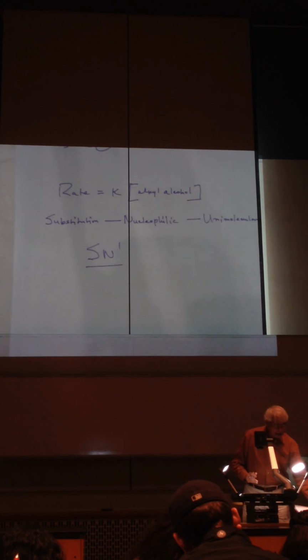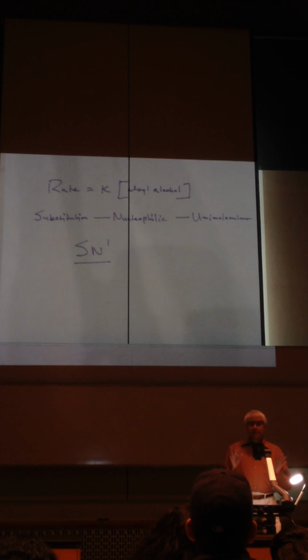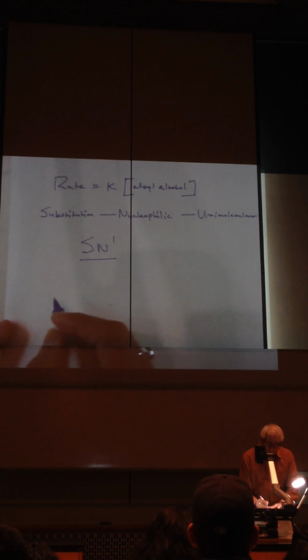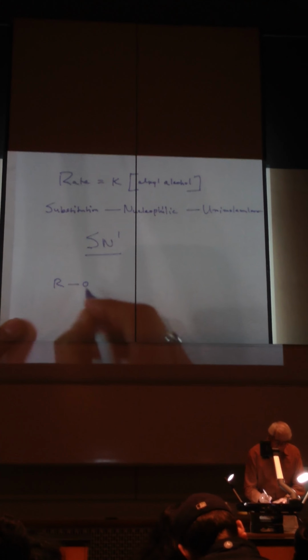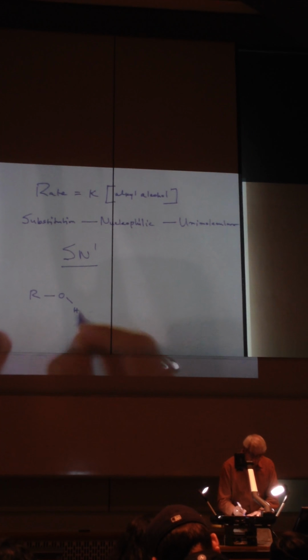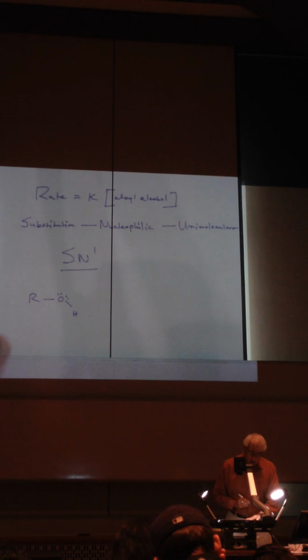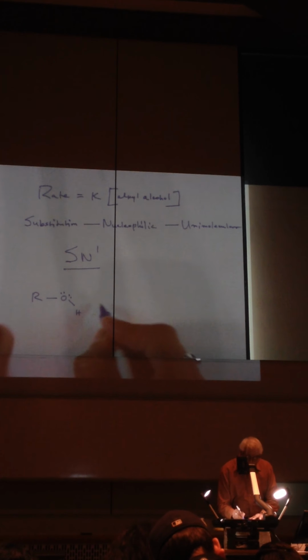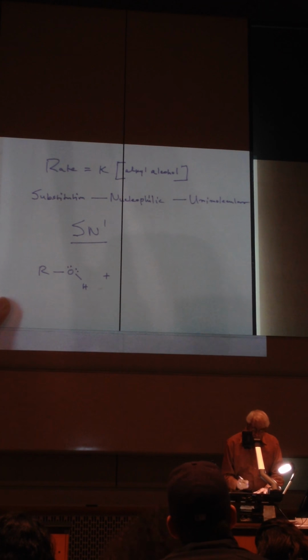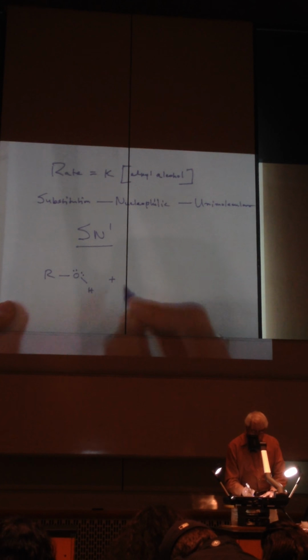So in SN1 reaction now, let's follow the reaction using R as the alkyl group. So what happens then is that the ROH, you provide the acid here. So the acid, let's say it is HBr.